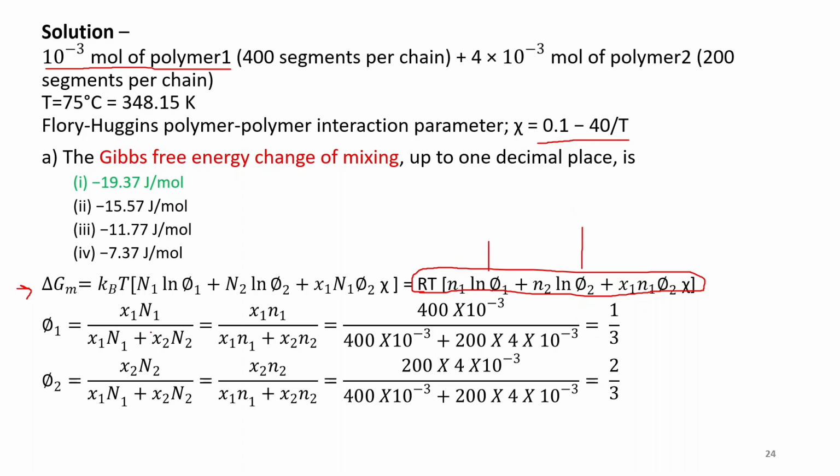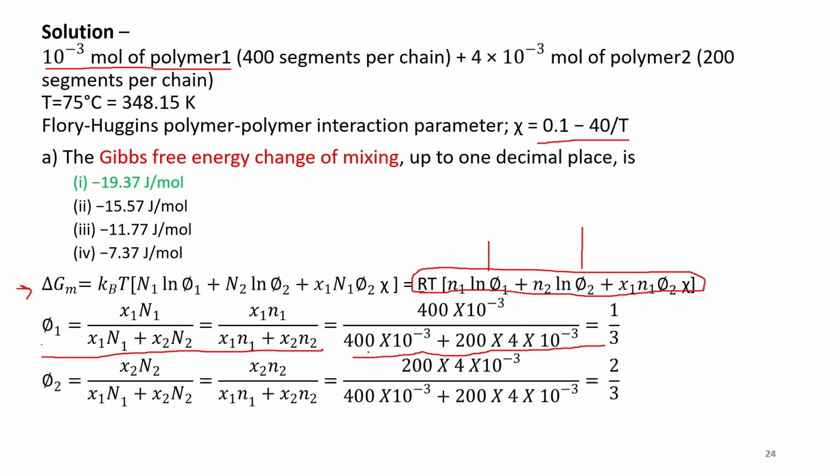Phi 1 equals x1 N1 divided by x1 N1 plus x2 N2. It is the formula, right? The volume fraction of polymer 1 equals its segments, 400, multiplied by its moles, 10 to the power minus 3, divided by the total, x1 N1 plus x2 N2.